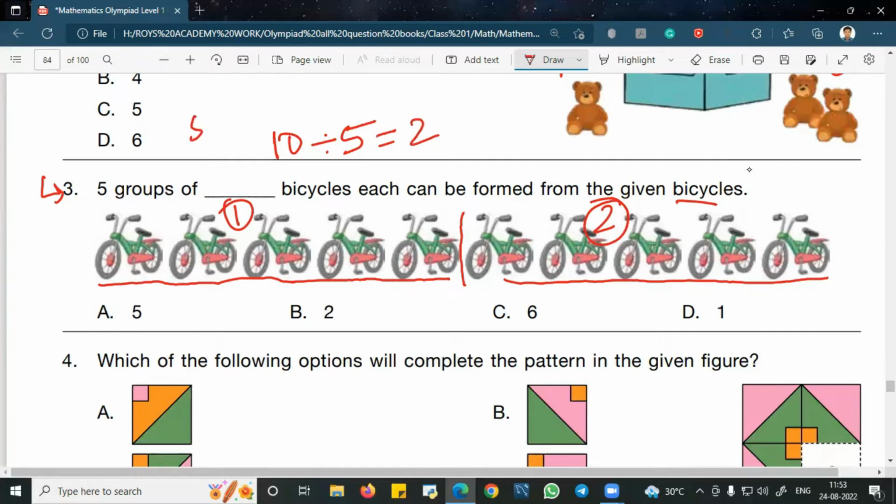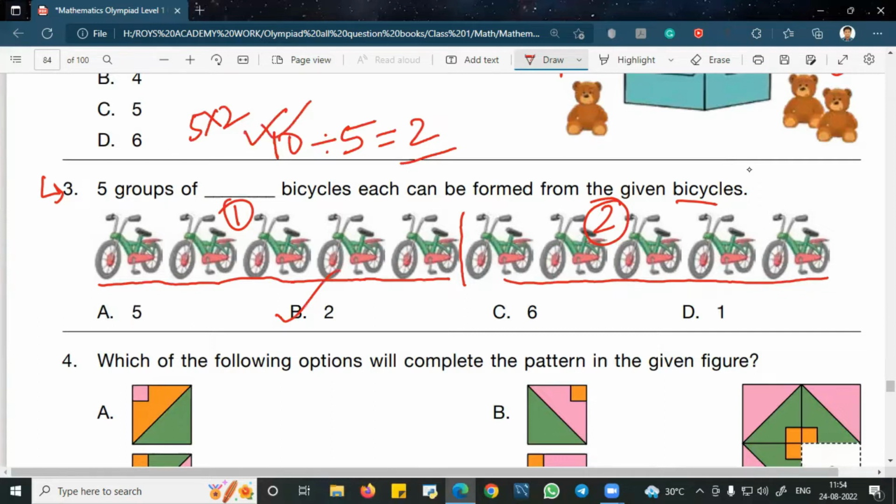So two groups are made from these ten bicycles. So B will be the correct answer. Okay, am I clear, dear student? We just count or divide in that manner so we can get the right answer. Okay, am I clear?